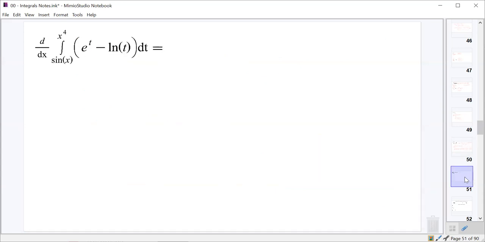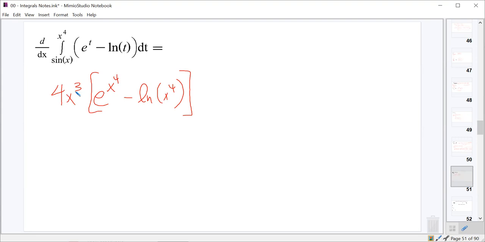Here's one more similar to that one. We'll try and do this one without showing quite as much work. So we know that we're going to have to plug in x to the 4th into this. And so let's start with that. e to the x to the 4th minus natural log of x to the 4th. But we have to multiply all of that by the derivative of x to the 4th.